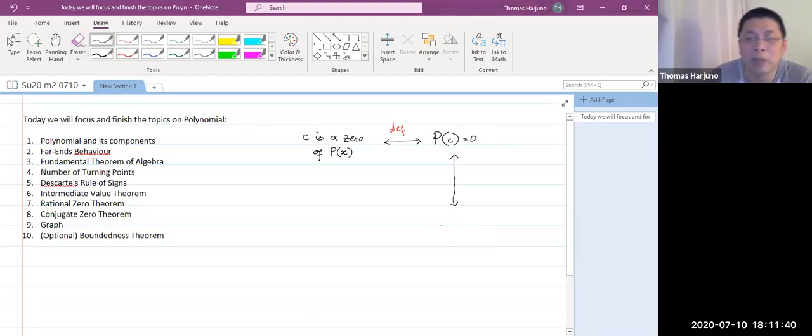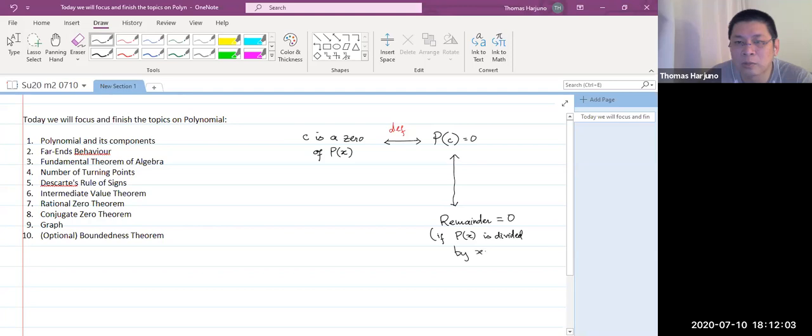So the remainder equals 0 if p(x) is divided by x minus c.